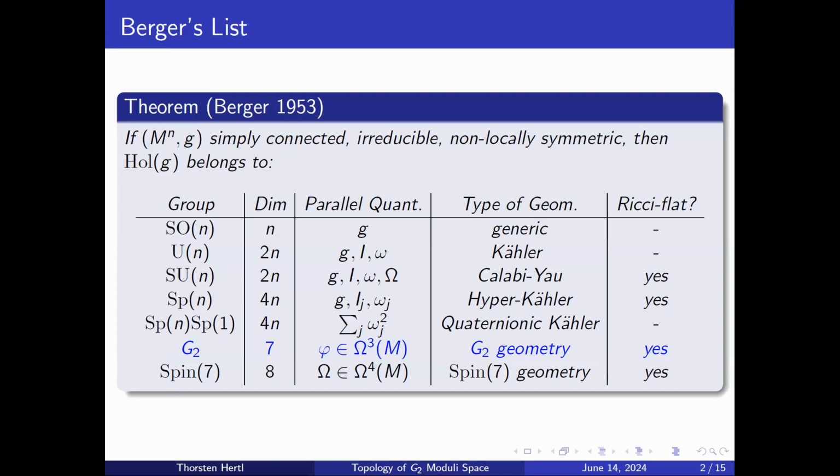So the concept of holonomy is closely related to many types of geometry you may know and like, Calabi-Yau geometry, hyperkähler geometry, or, the main theme of this talk, G2 geometry, which is seven-dimensional geometry. This is a seven-dimensional realm.